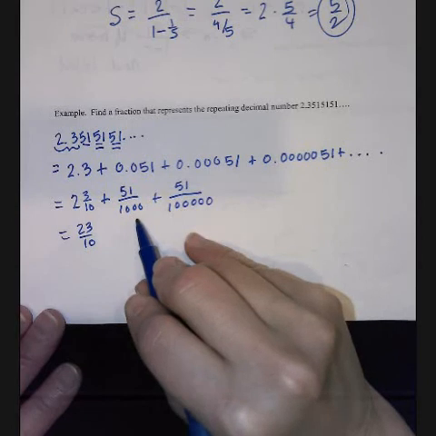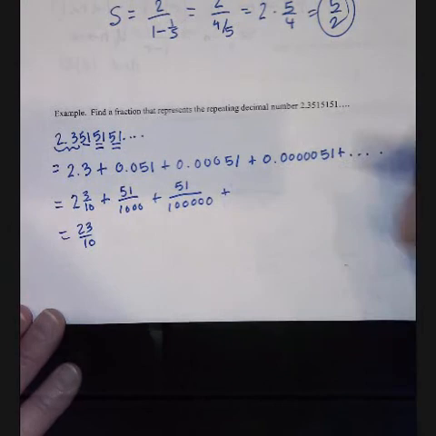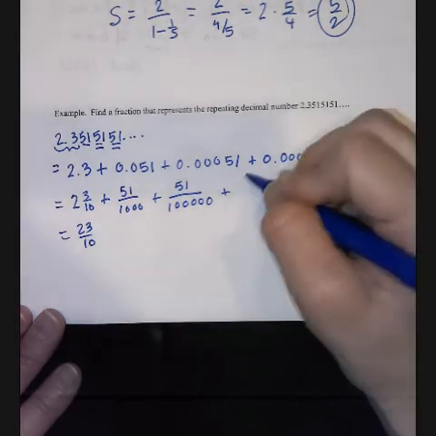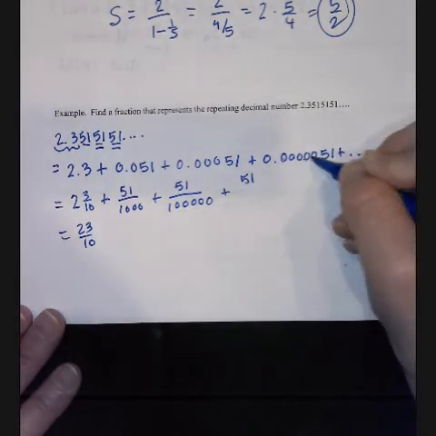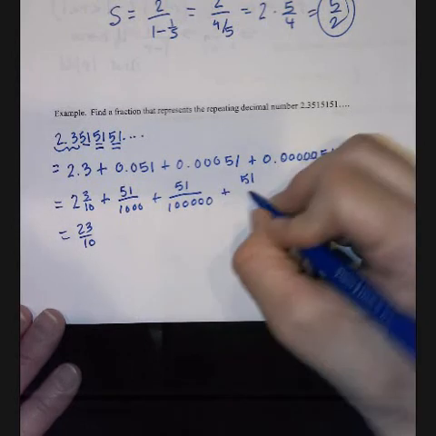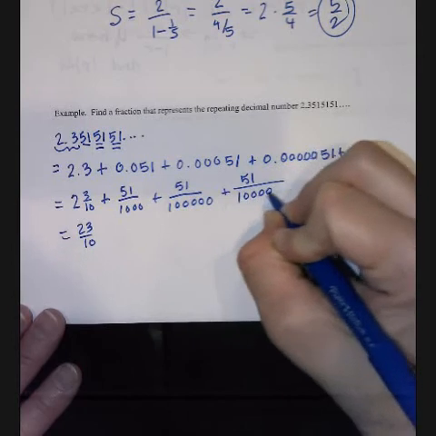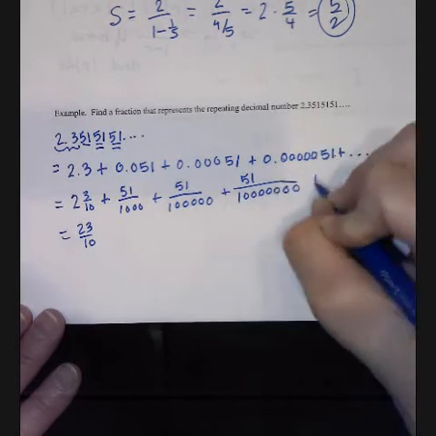And this would be 51 over 1, 2, 3, 4, 5, 6, 7, right? The number of places should match the number of zeros. 2, 3, 4, 5, 6, 7, etc.